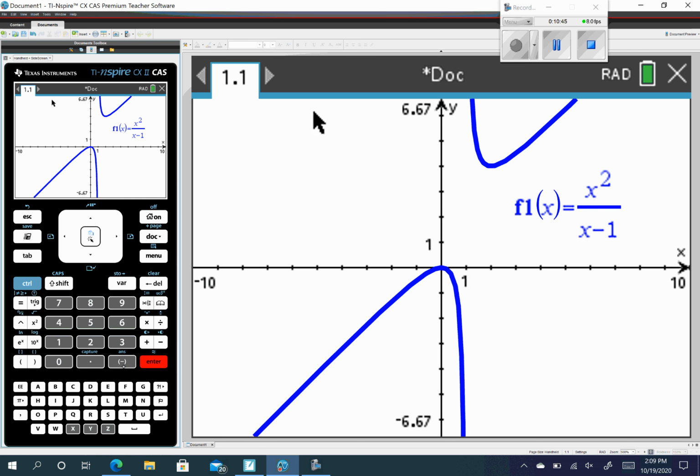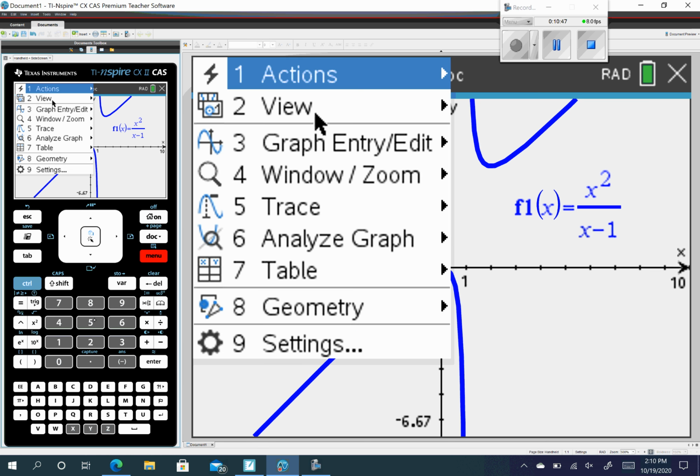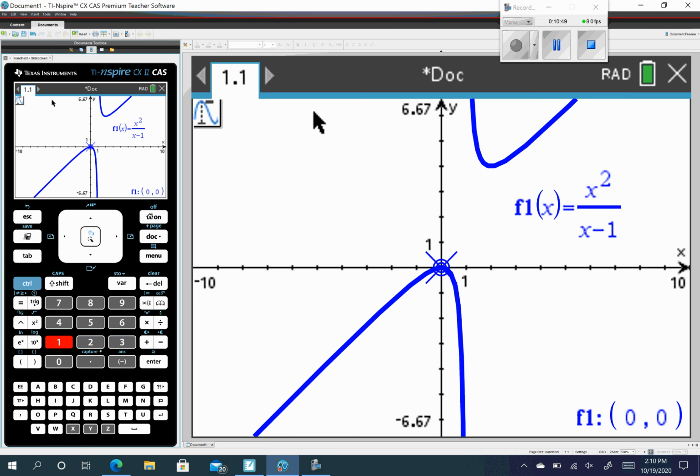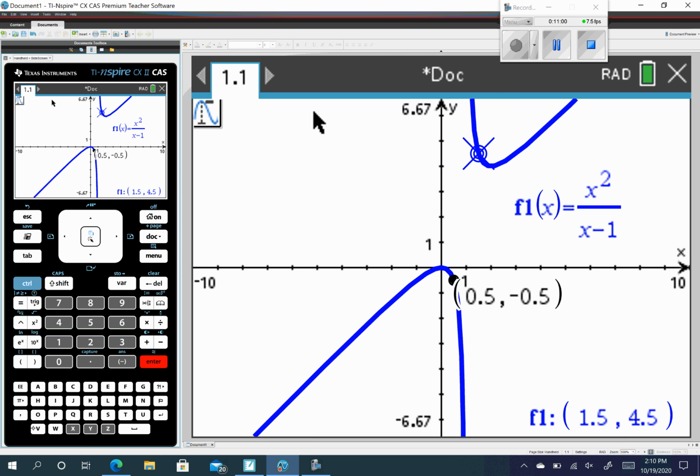So this is what we're looking at. Let's go ahead and plot the points. So let's go to menu 5, 1. Let's go to 1/2. Hit enter, and let's mark that spot. And then let's go ahead and type in 3/2. And let's mark that spot. So just hit enter again. All right, so now hit escape.